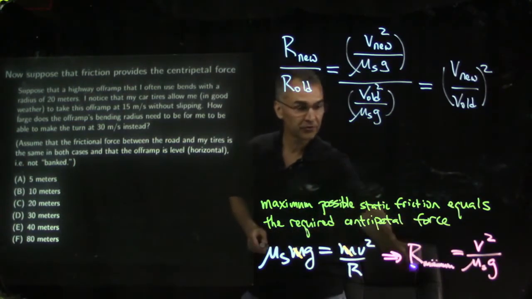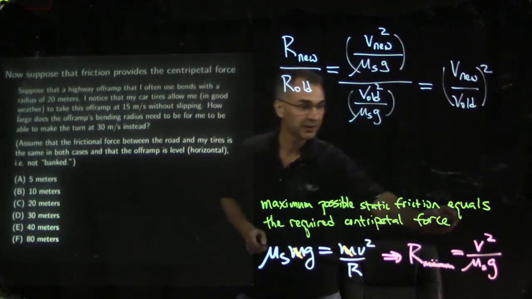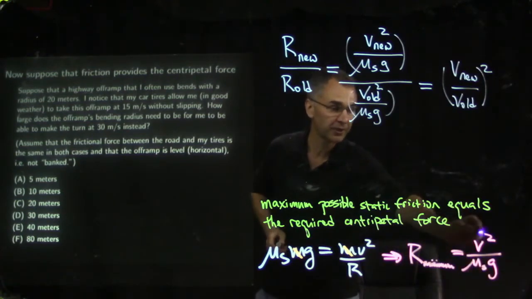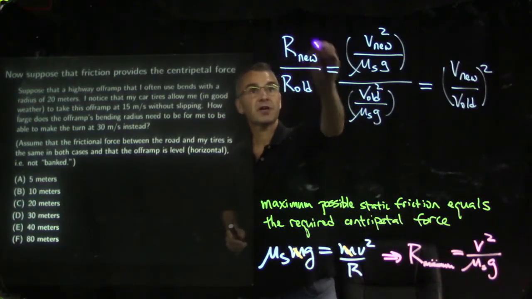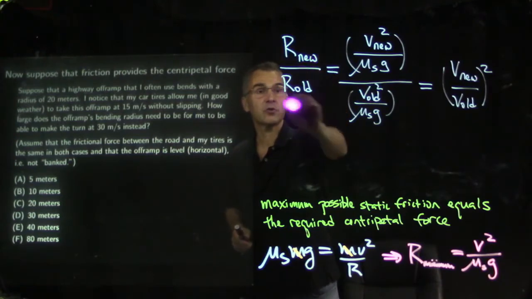We can just solve for r, since we want to know what's the minimum bending radius to be able to get around the road without slipping. So it's the speed squared divided by mu g. So the speed squared divided by the friction coefficient divided by little g. So then we could just write, okay, what's the new required radius to the old required radius?